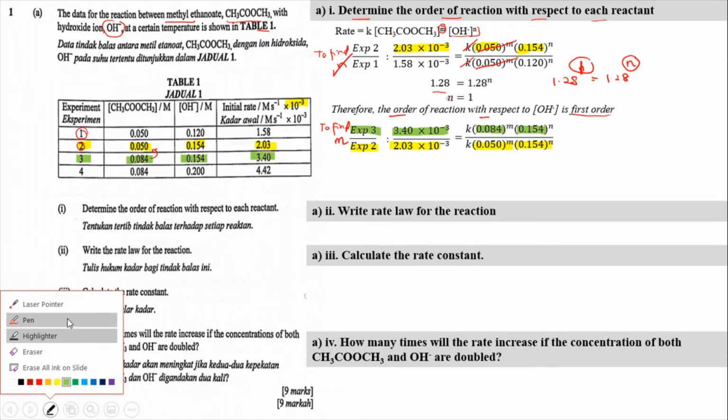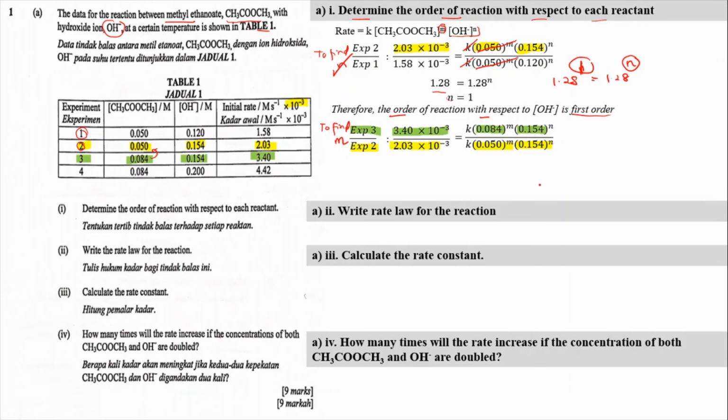Okay, so now, as usual, we need to find the similar terms. So as you can see here, K and K can be cancelled out, and 0.154 to the power of n and 0.154 to the power of n can be cancelled out. So 3.4 times 10 to the power of negative 3 divided by 2.03 times 10 to the power of negative 3, what you're going to get is 1.67.